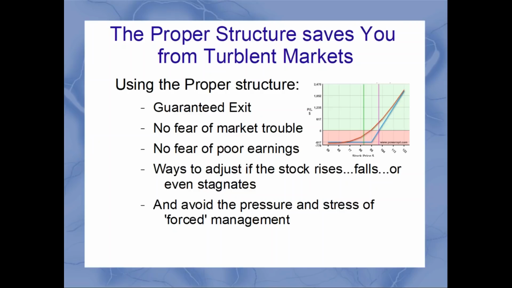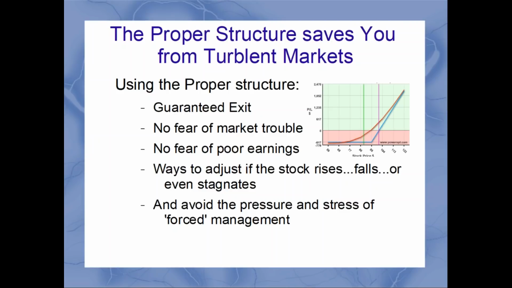With this structure, it's about a risk of 6% in the worst case scenario, which is typically only hit at expiration if I held the position all the way to expiration, made no adjustments, accepted no dividends. It's probably about 6 to 7%.